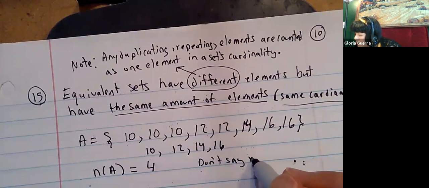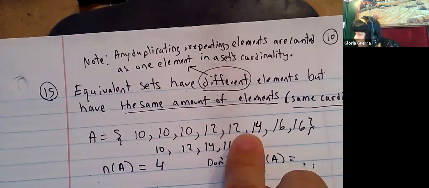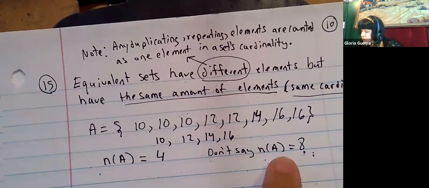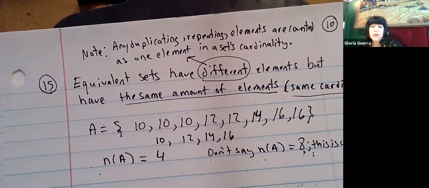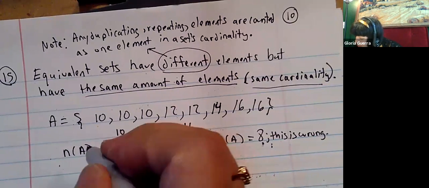Don't say N of A is 1, 2, 3, 4, 5, 6, 7, 8. Don't say this, because this is wrong. It's not 8. It's 4. Okay, I'm going to box that.